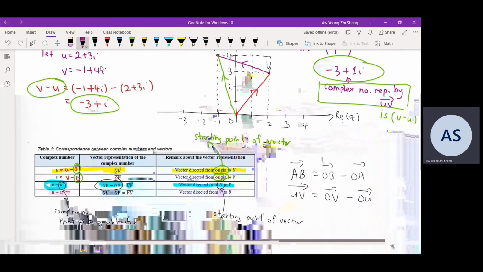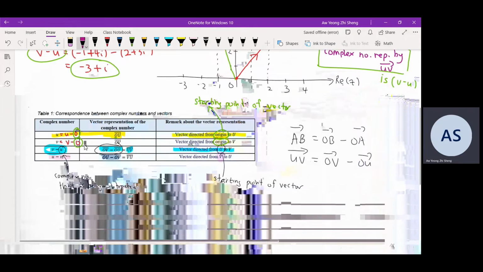So it's useful to remember this. When you have a subtraction of two complex numbers, the number that is being subtracted becomes the starting point of your vector, while the number before the minus sign has its point representation as the ending point of your vector. V minus U means vector UV, U minus V means vector VU.